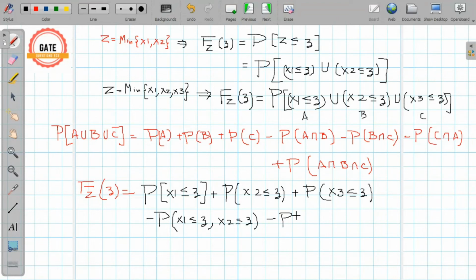Similarly, for B intersection C, X2 is less than or equal to z and X3 is less than or equal to z.